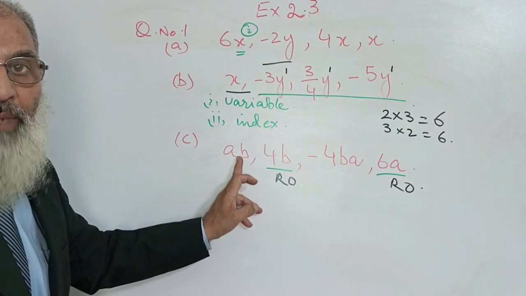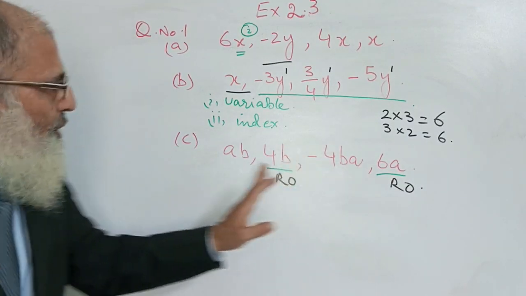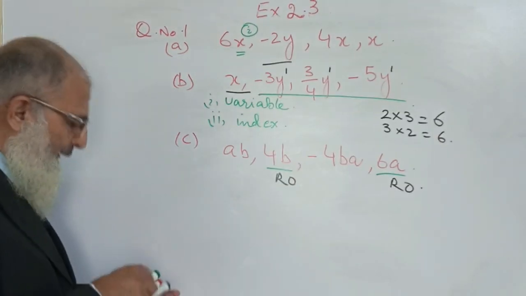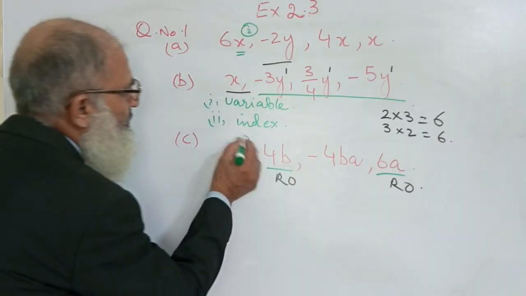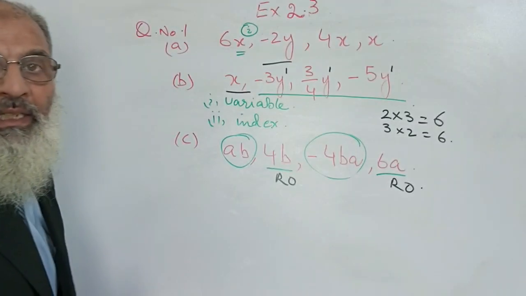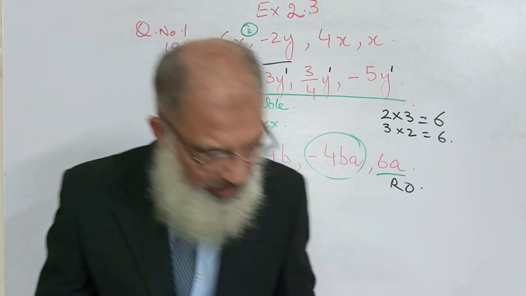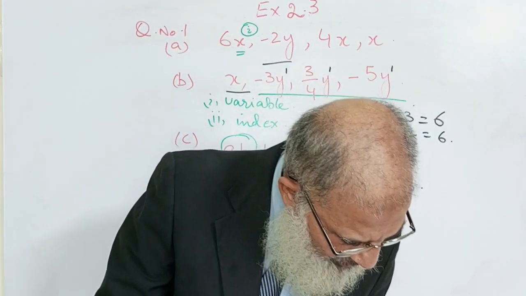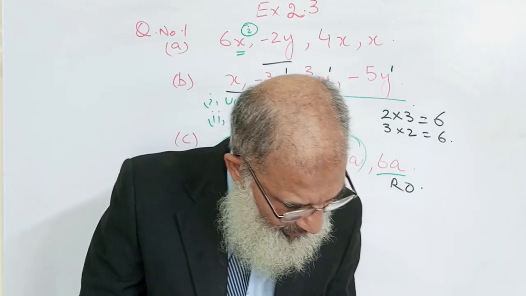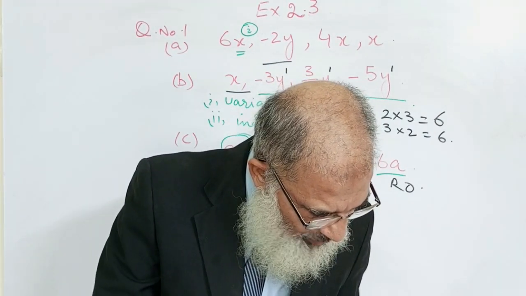A is being multiplied by B and B is multiplied by A over here. So the like terms are AB and 4BA. So dear students, the rest of the questions, three parts, are just the same. Don't have to worry.